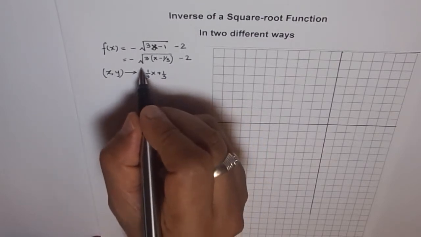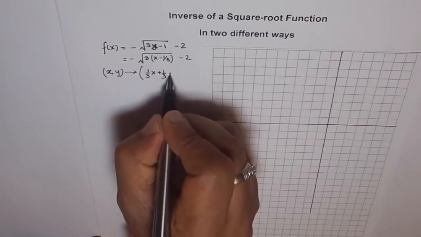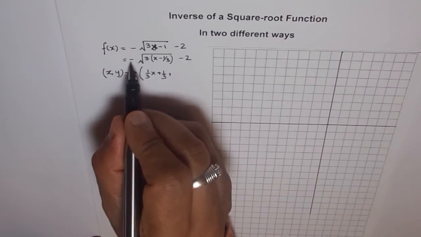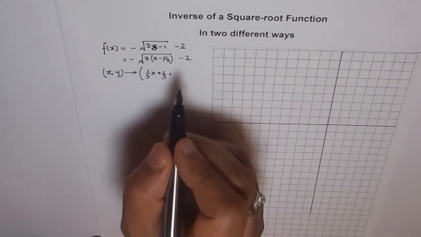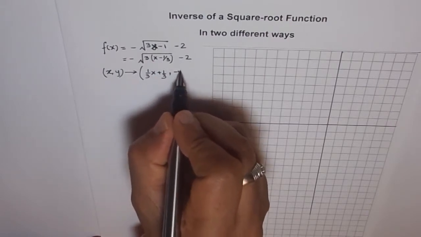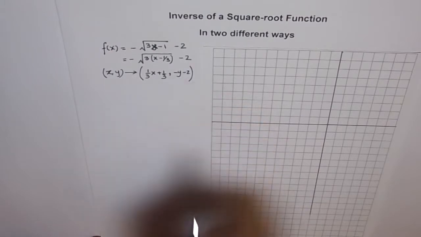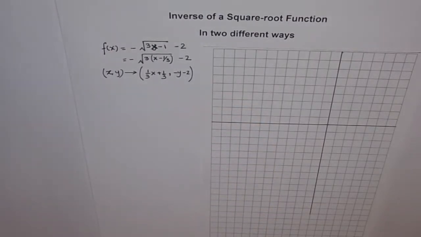Now, this is how the x values are going to change. How about the y values? For y values, we have a reflection in the x-axis and a move 2 units down. So it will be minus of the y value and minus 2. That will be the change in my y value.